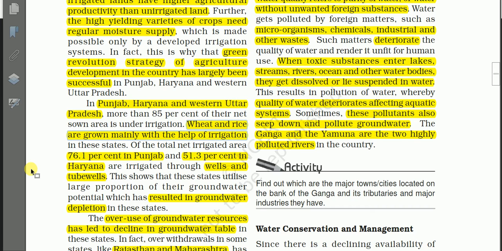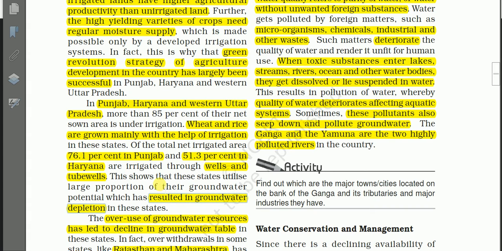Of the total net irrigated area, 76.1% in Punjab and 51.3% in Haryana are irrigated through wells and tube wells. This shows that these states utilize a large proportion of their groundwater potential, which has resulted in groundwater depletion in these states.